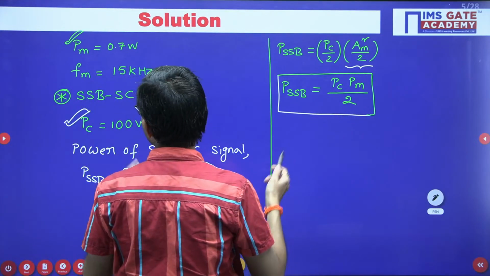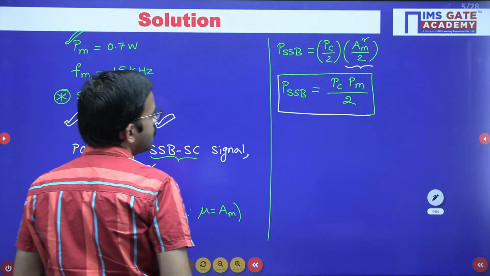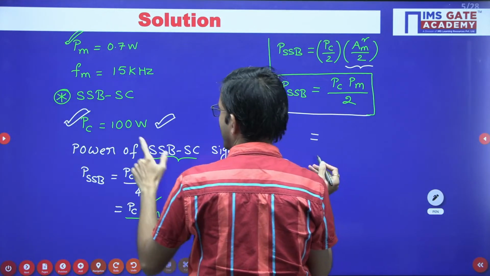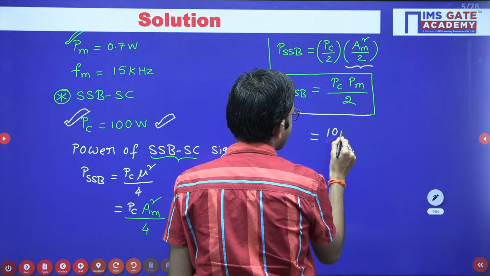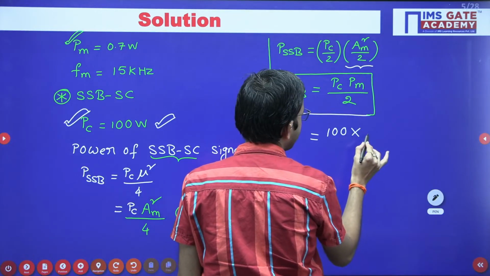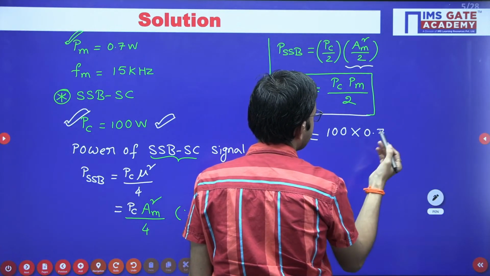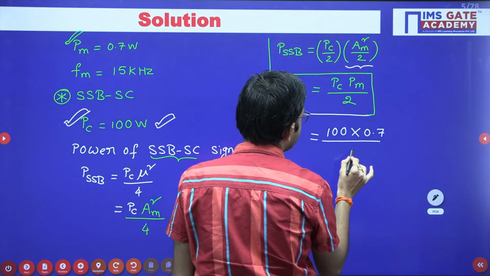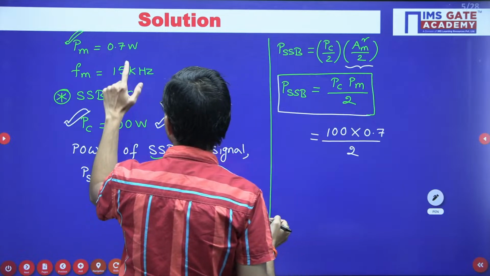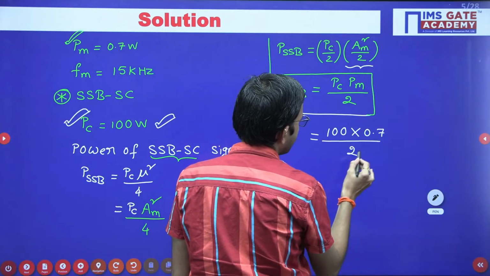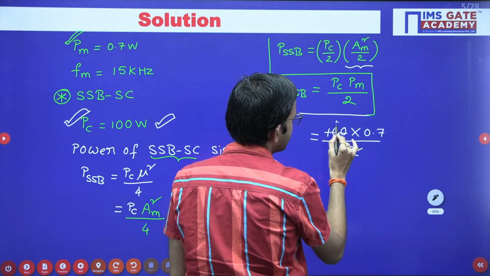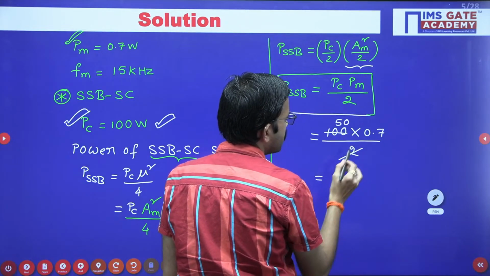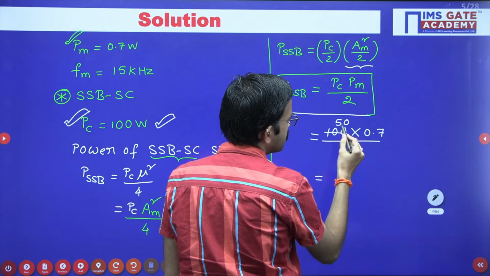Now you can substitute the given values. Here PC is 100 watt and PM is 0.7 watts, divided by 2. So 100 into 0.7 divided by 2 gives 50 into 0.7.